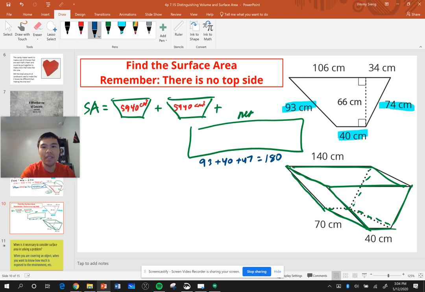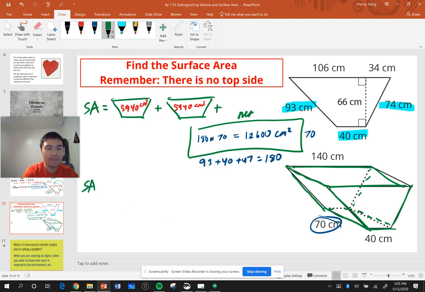Well, that should be 70. So this is a 180 by 70 net. So we're going to times those together. And 180 times 70 should give me 12,600 centimeters squared.